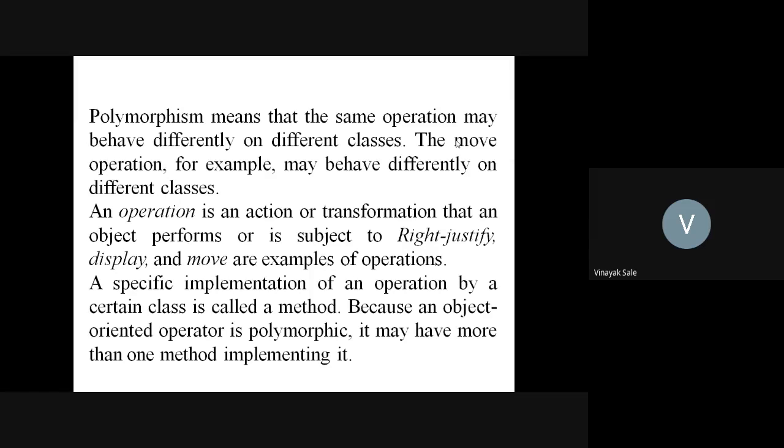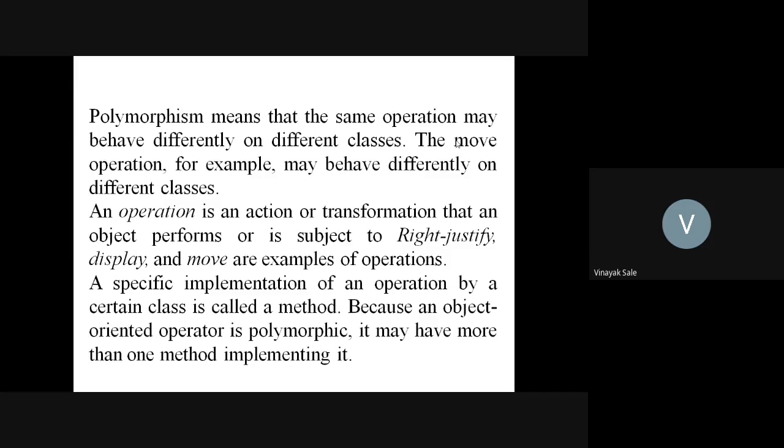An operation is an action or transformation that an object performs or is subject to. Write, justify, display, or move: these are examples of operations. Write, justify in the case of a document paragraph: left justify, right justify, center, whatever.